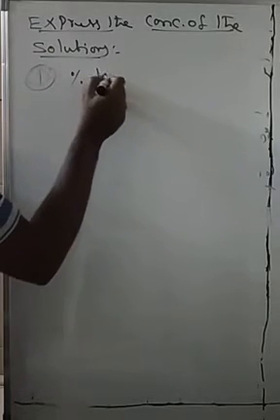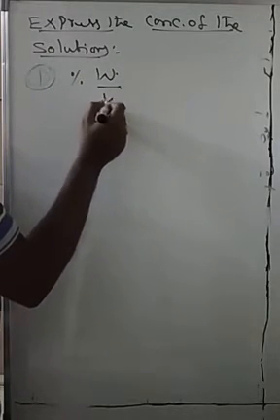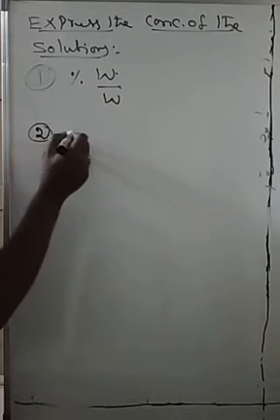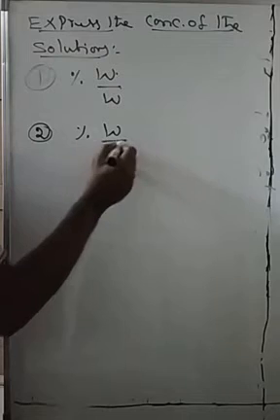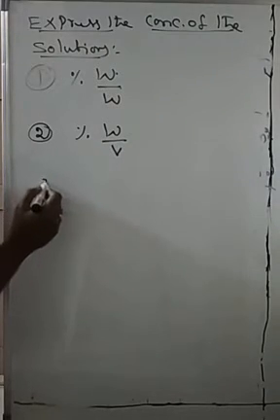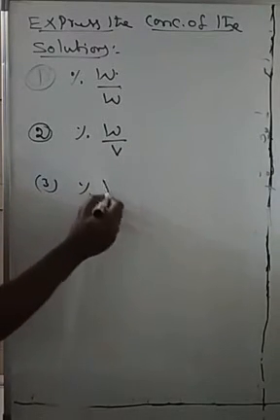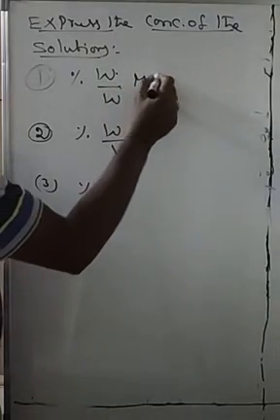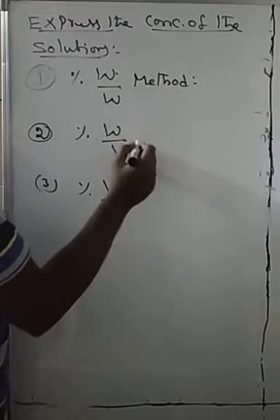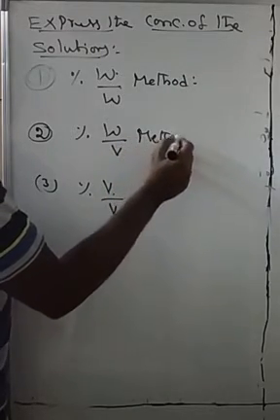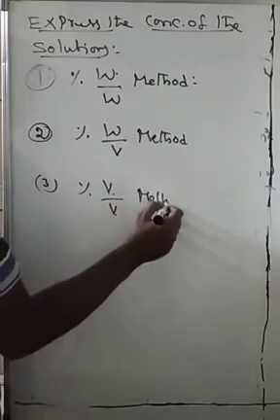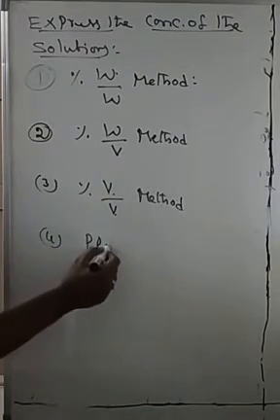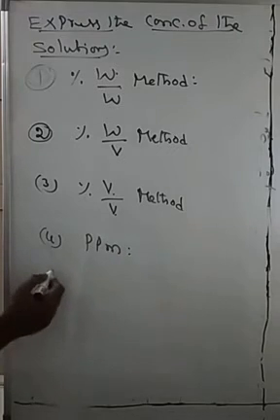Percentage weight by weight method. Percentage weight by volume method. Percentage volume by volume method. And fourth one is ppm method.